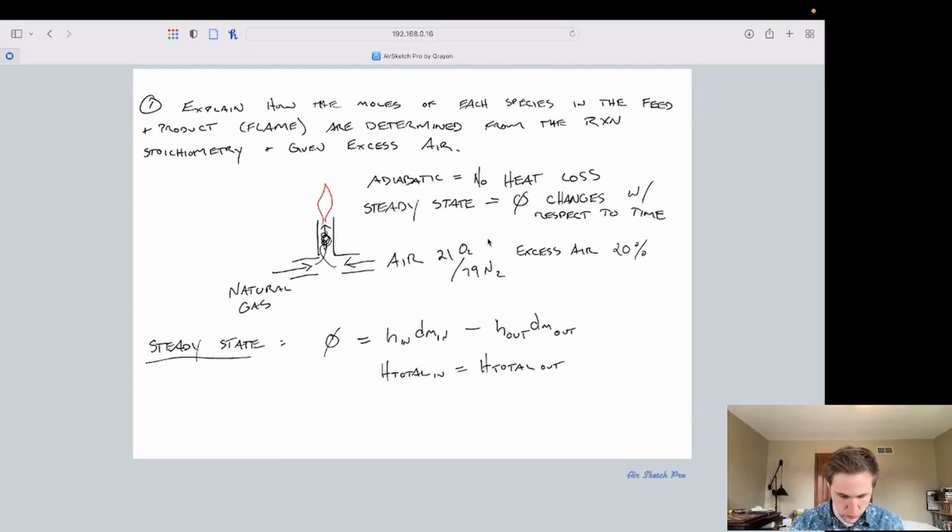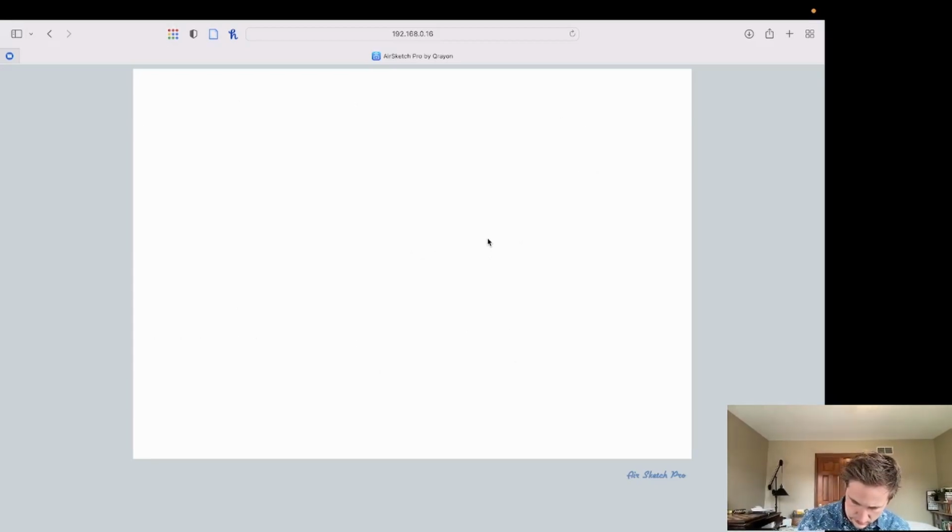Now, the next thing we want to cover is what our natural gas consists of. In a combustion reaction, we have natural gas and air, and when you burn those two reactants, the products are going to be CO2 and water.